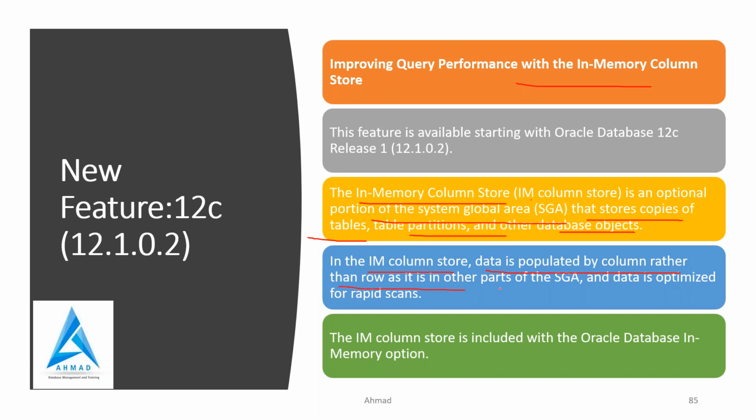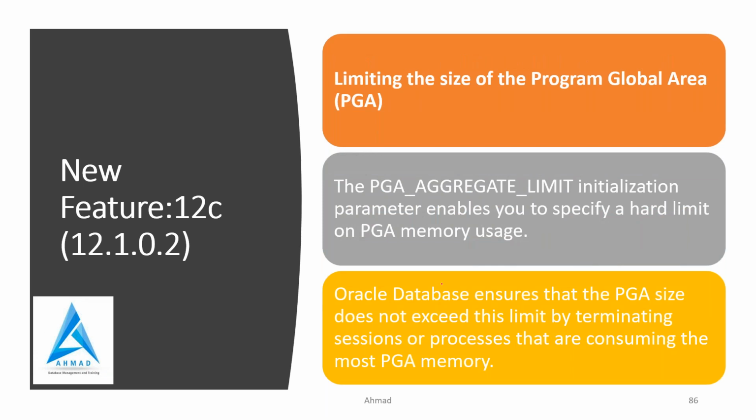The storage mechanism will change, and basically it is used to improve performance. And also from 12c you can limit the PGA, with the parameter PGA_AGGREGATE_LIMIT. So these are new features that are not related to any architectural changes, but they were added.